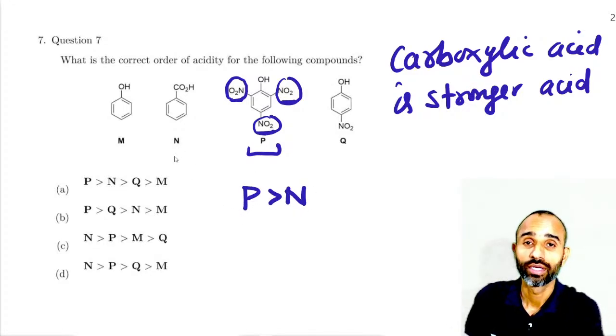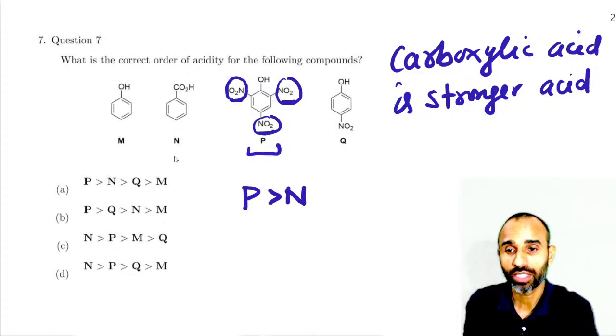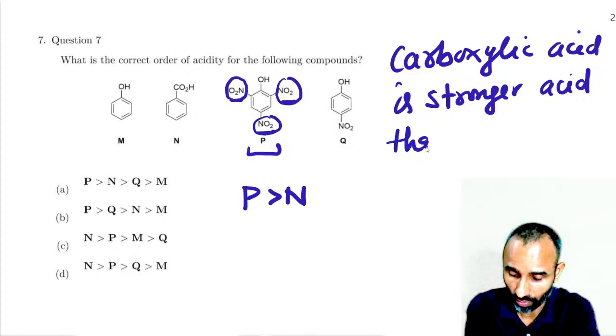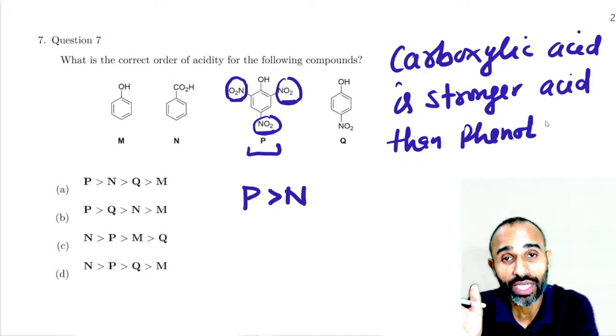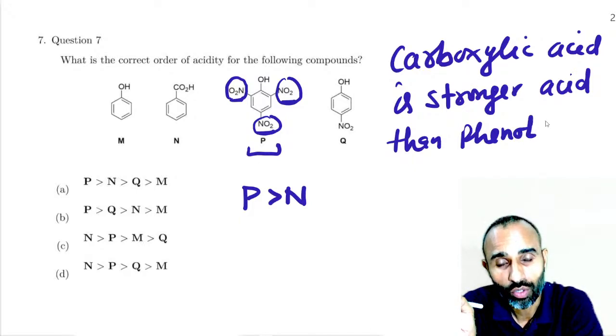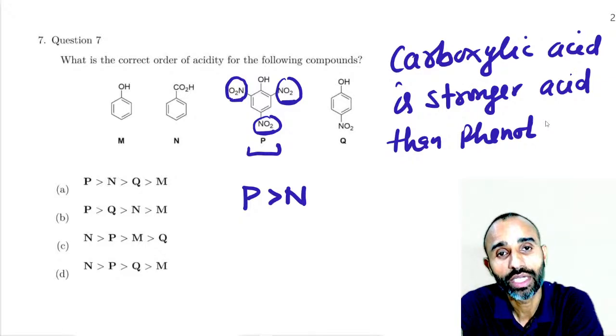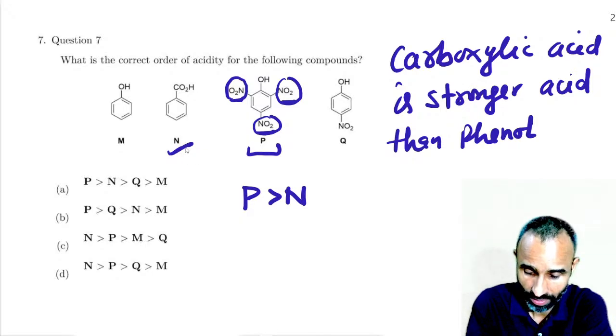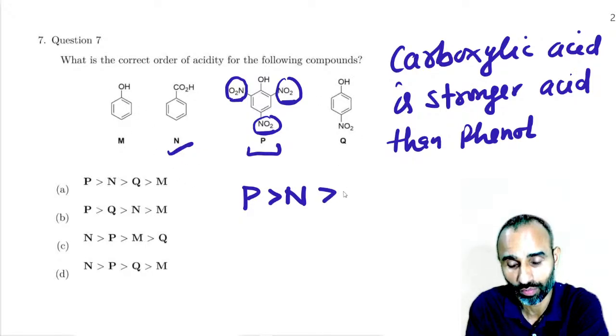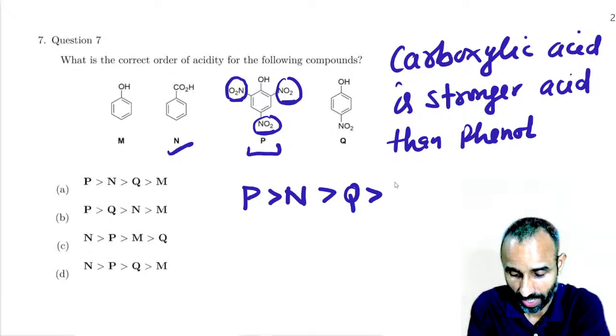Otherwise, carboxylic acid is a stronger acid than phenol, that you know. But because of the presence of 3 nitro groups on phenol, it becomes more acidic than even benzoic acid. So that's why P is more acidic than N. Now if we compare phenol and paranitrophenol, paranitrophenol is more acidic than phenol.